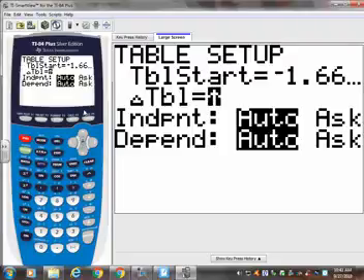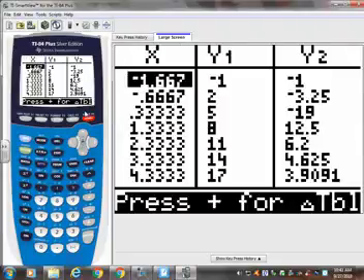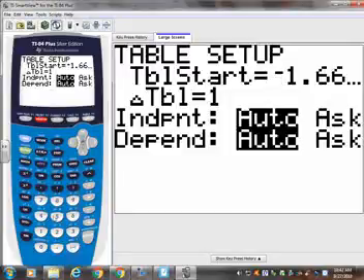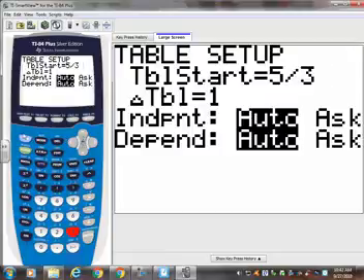Now there's a reason why I put both of them in there at the same time. If you put them both in there at the same time, if they match, you know it's right, and you know what the y value is. Does that make sense? So now I know the negative 5/3 goes with negative 1. Now it's time to put in the positive 5/3. And I don't see positive 5/3 on here, so I've got to go put it in. It doesn't know that I want to do that. I got to put that number in under table window, second window.